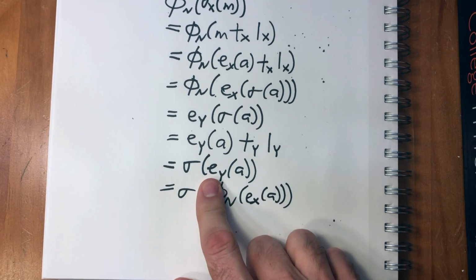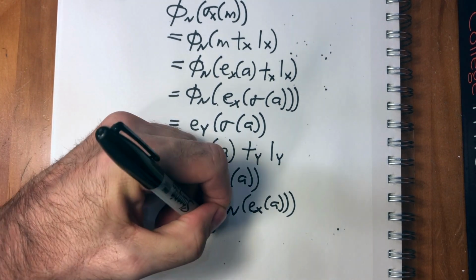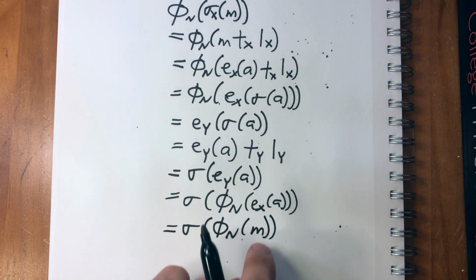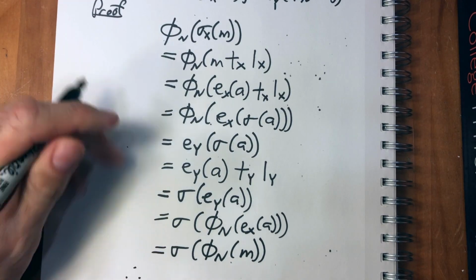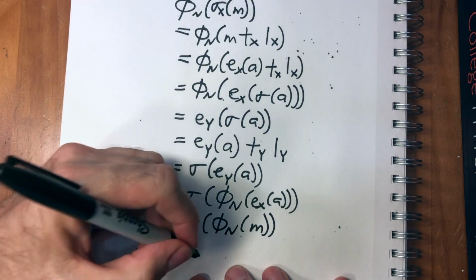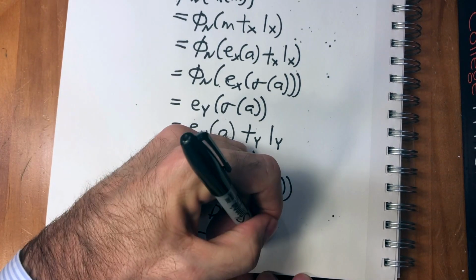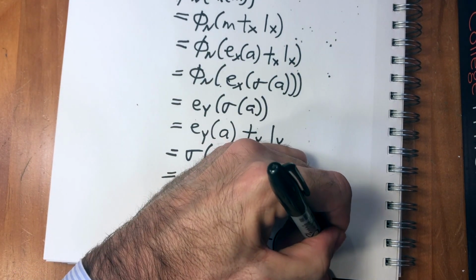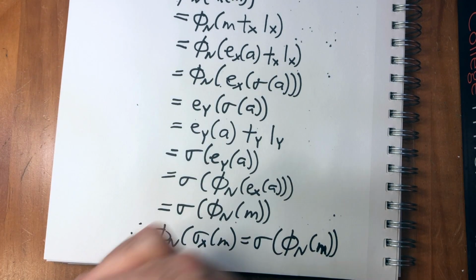Phi of an embedding equals the embedding in y. And finally, this is again just the definition of m. So that's it. We started here with phi of sigma x of m, and we ended up with sigma of phi of m. Okay.